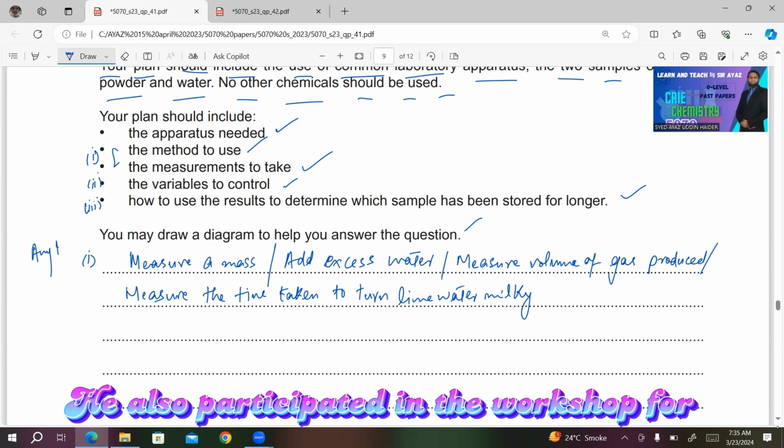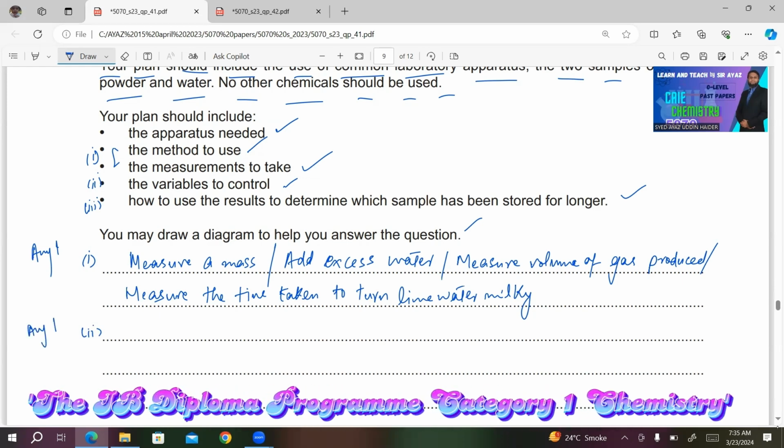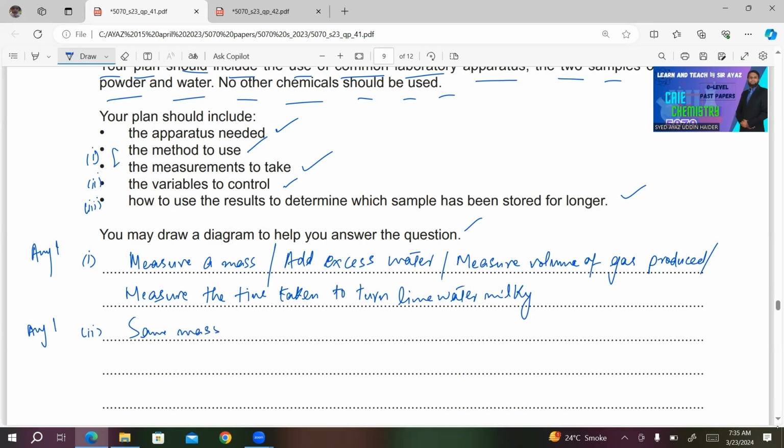For number 2, again anyone from these. So you must have same mass of samples, same mass of each sample.